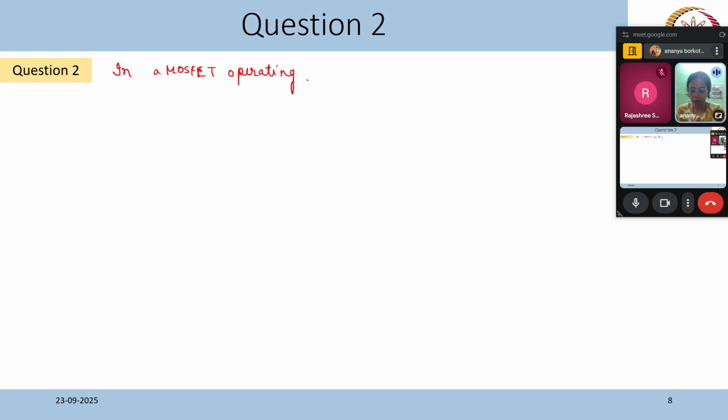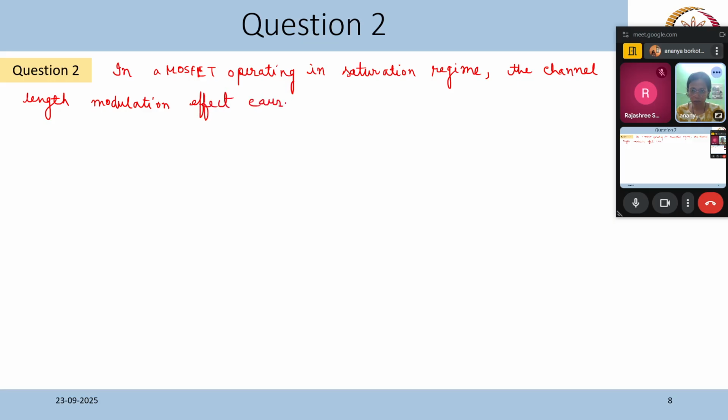In a MOSFET operating in saturation regime, channel length modulation effect causes what?